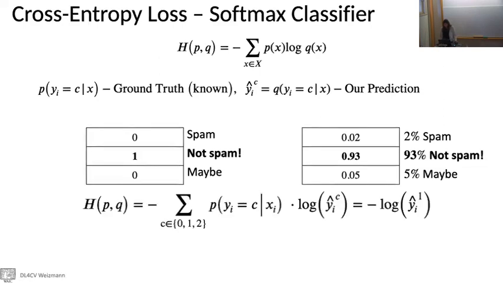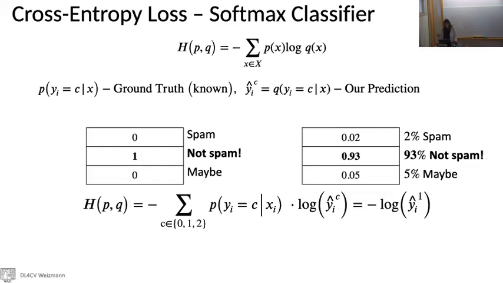And if we plug P and Q that we defined into the cross-entropy, we again sum over all the possible events, and eventually everything is zeroed out because we have a probability of 1 only for the correct class, and it's going to be minus log of the prediction of the C class.